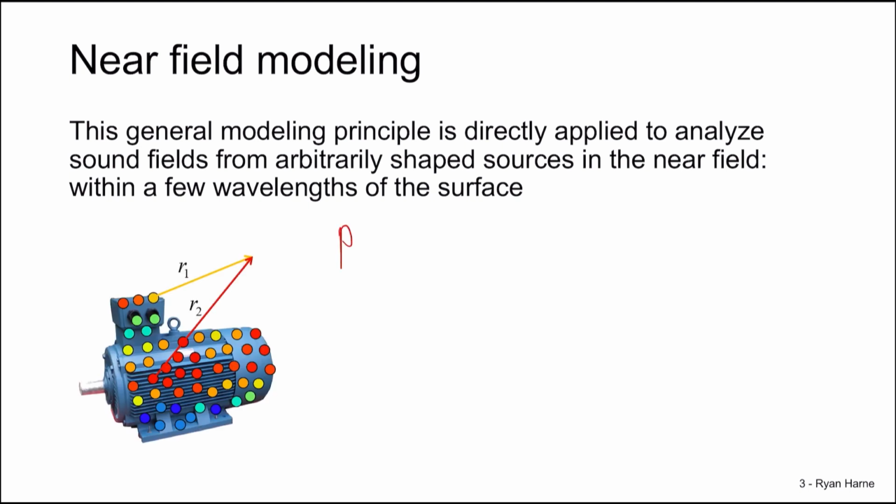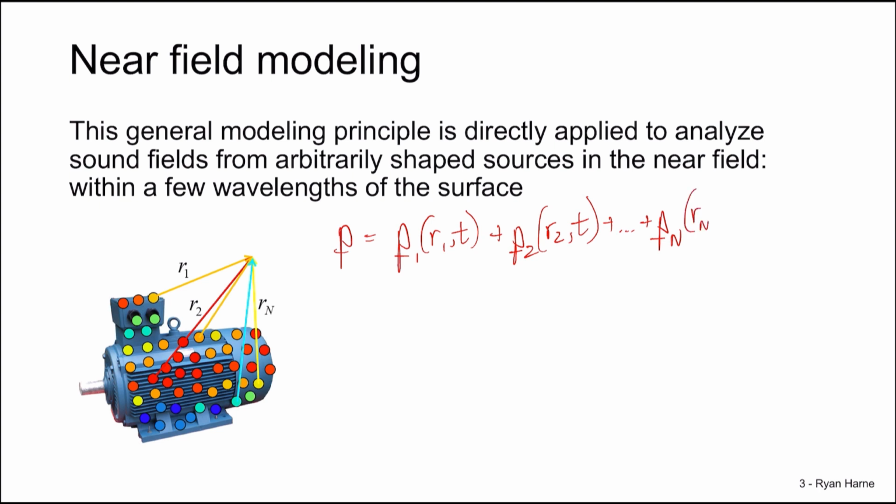We take our superposition of acoustic pressure from the first source and its contribution from R1 and t, the second source and its contribution from R2 and t, and we would continue this for all N sources, so that we could rewrite this more generally as being a sum from the indices i to capital N of the acoustic pressure contributions from source i, radial distance Ri, and time.